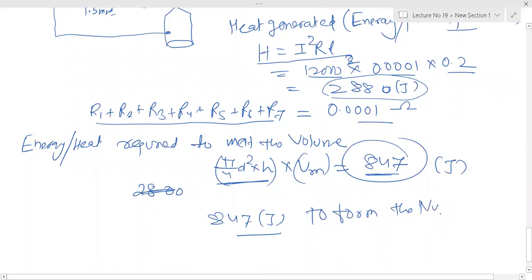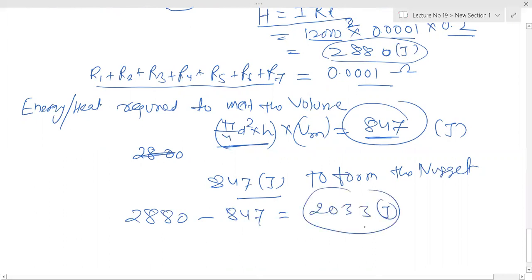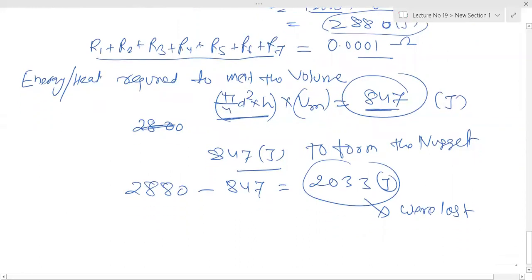And what about the rest? Total minus 847 is 2033 joule. So this much energy was lost. It conducted through the material, through the electrode, and finally dissipated into the surrounding. This is the waste heat.